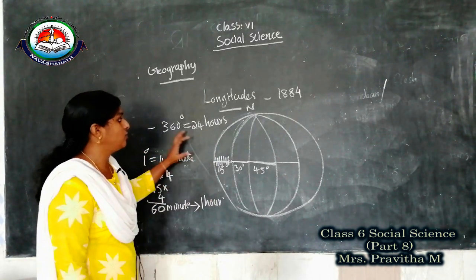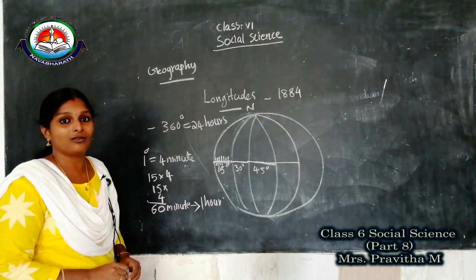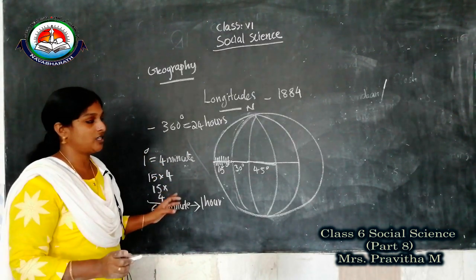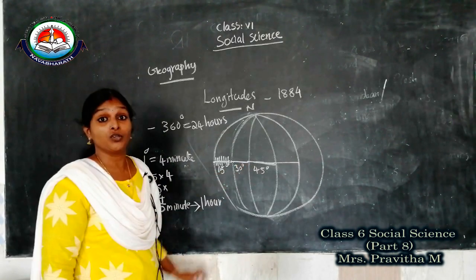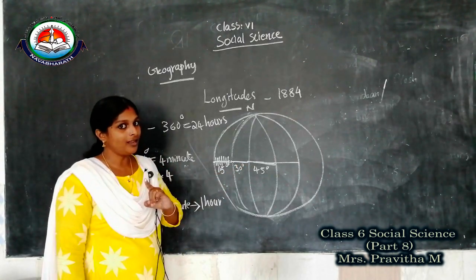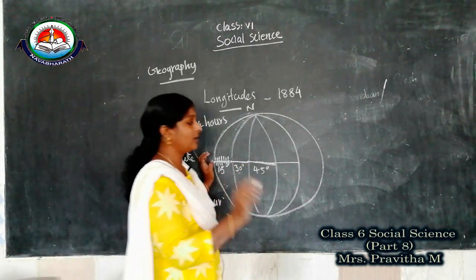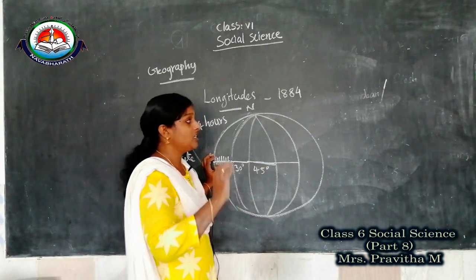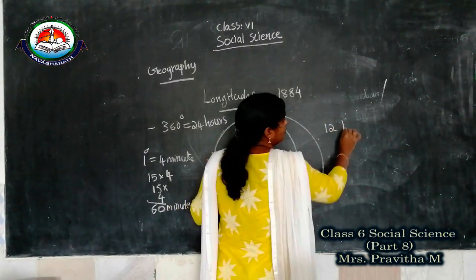So this longitude is mainly used for calculating time. I think you got it children. 24 longitudes show 24 hours. Clear? These 24 hours are divided into 12 hours and 12 hours.